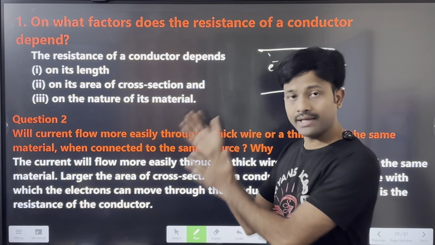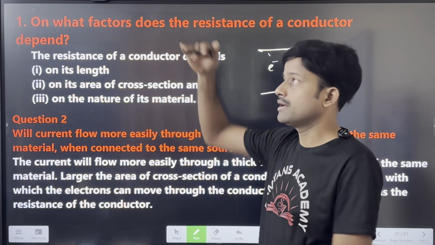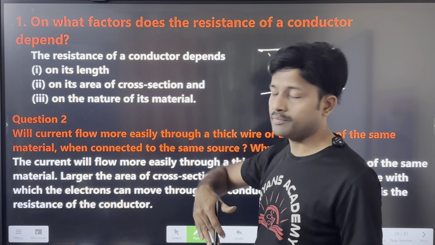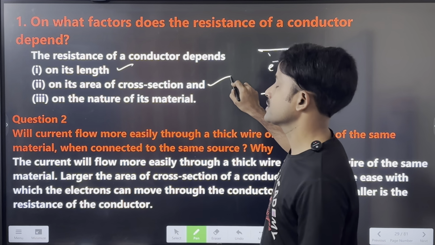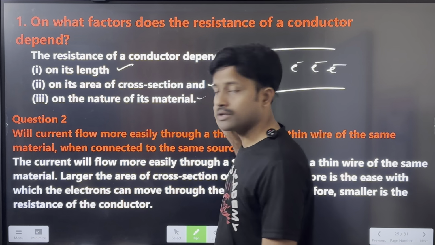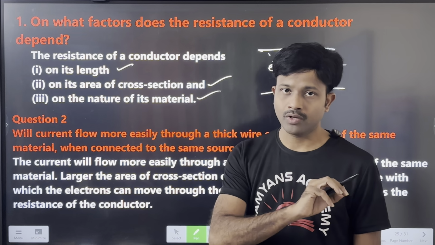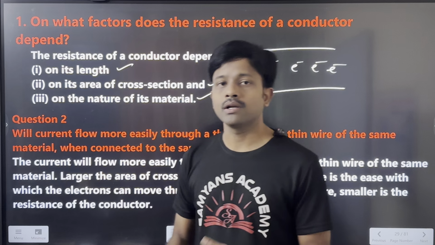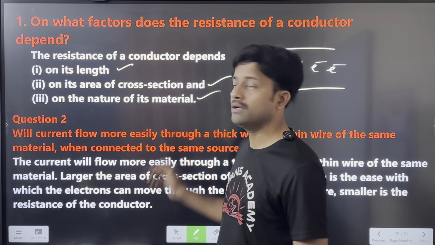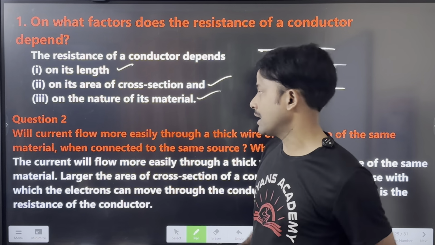If electron flow increases, current increases and resistance decreases. So resistance depends on length, area of cross section of the conductor, and also on the nature of the material. A conductor has some resistance value, and there are insulators, poor conductors and good conductors.